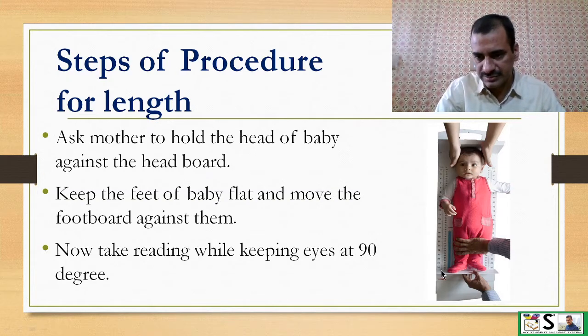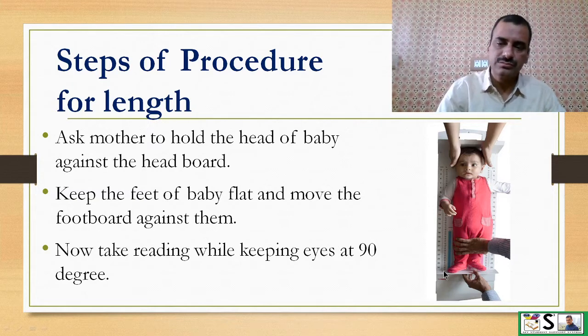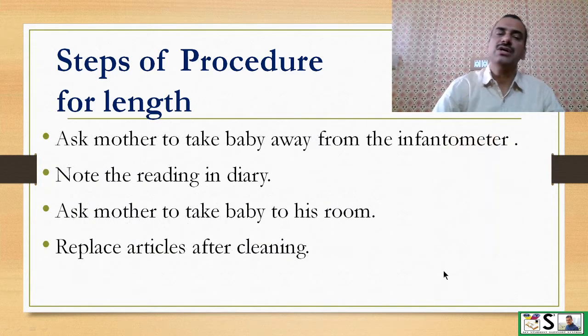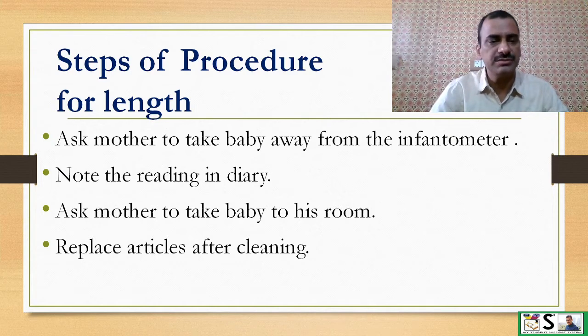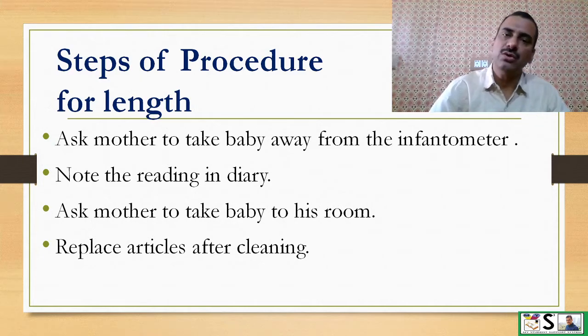So we take the reading from here. Now we ask the mother to take the baby away from the infantometer. Then we note the reading in the diary and ask the mother to take the baby to his room and replace all the articles after cleaning.